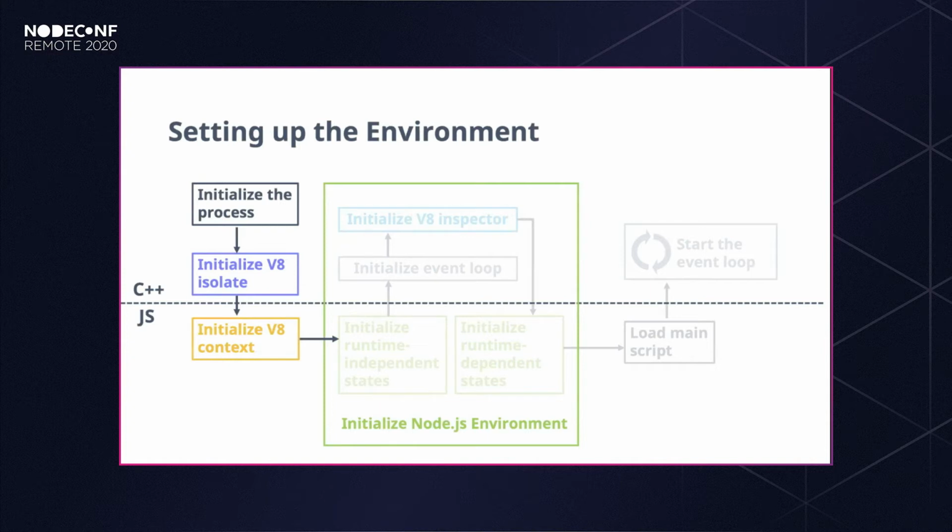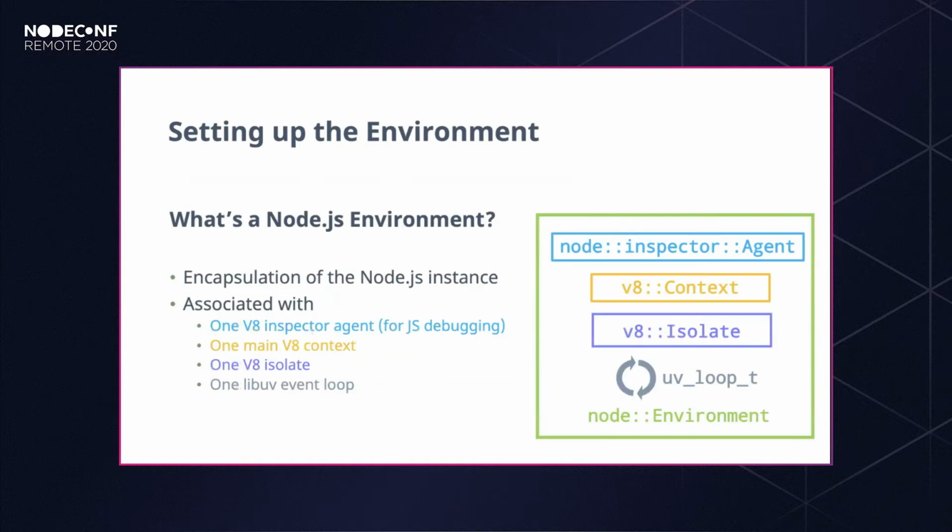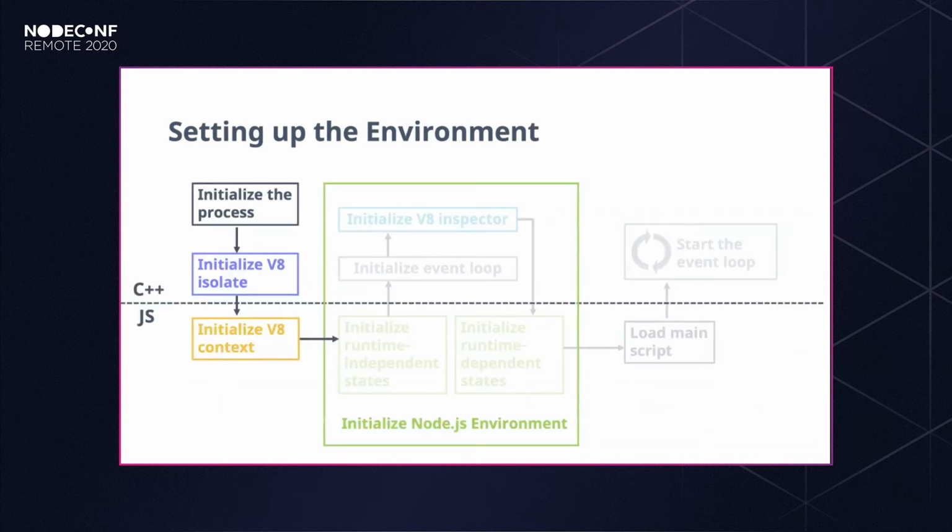Now we have a V8 context ready for JavaScript execution. Next, we are going to initialize the JavaScript Node.js environment. To initialize the environment, we first initialize the components that are independent of runtime states.